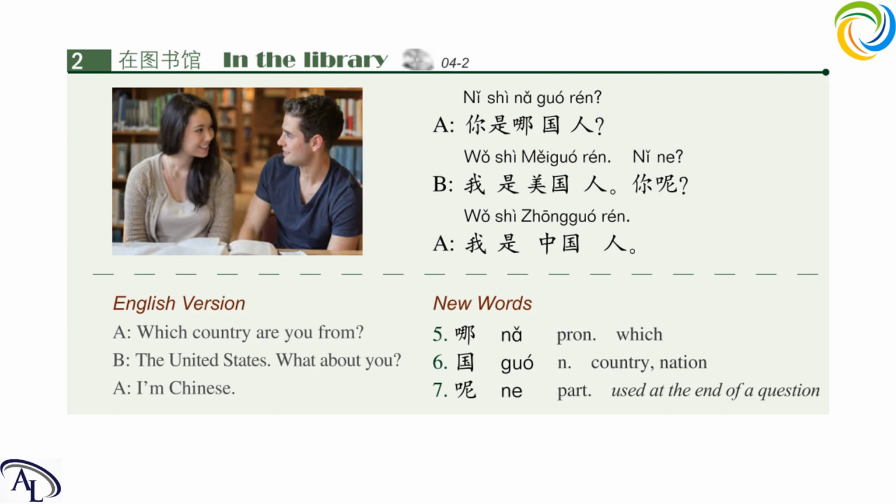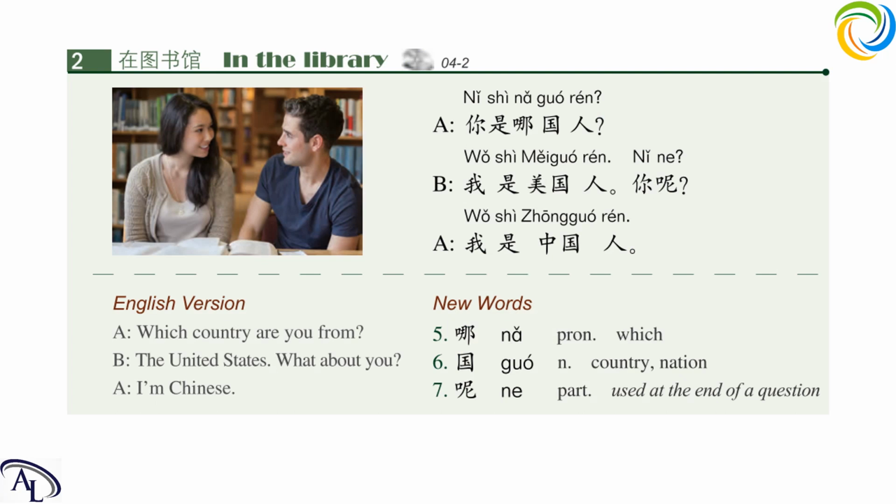The initial g, the final uo, and the tone is second tone. Put them together. 国. Read after me, please. 国 means country or nation. So when I want to ask which country, then it is 哪国. We just need to connect these two characters.